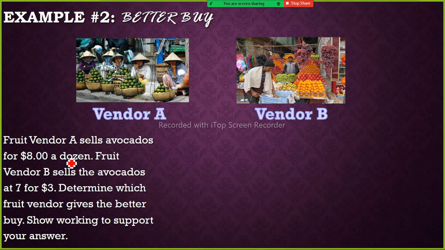And fruit vendor B is selling their avocados for seven avocados for $3. Right? Which one gives the better buy? Now, this one is definitely easier than the first one. So I'm going to give you an opportunity to try it.